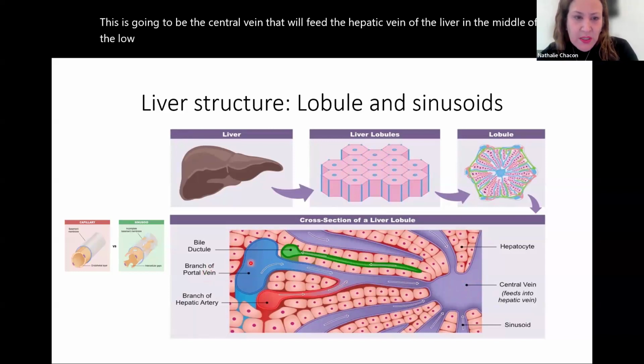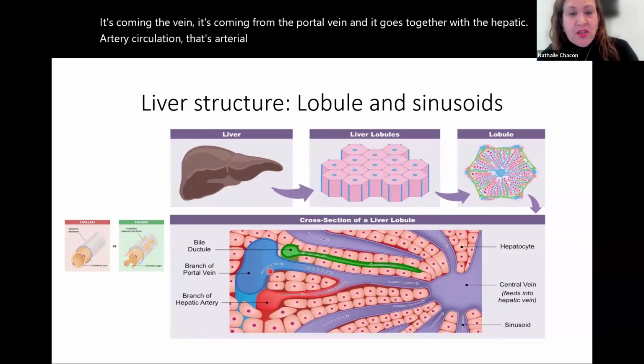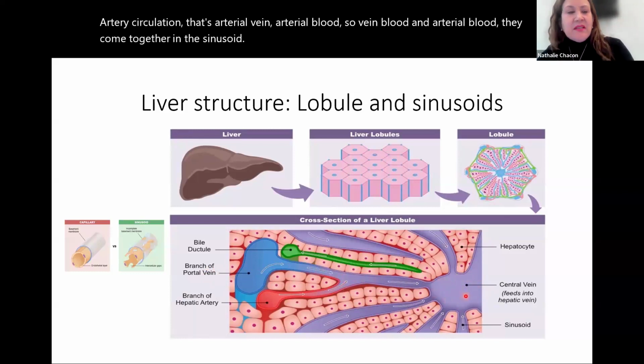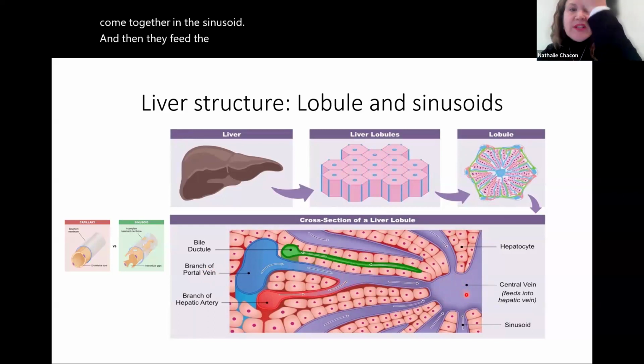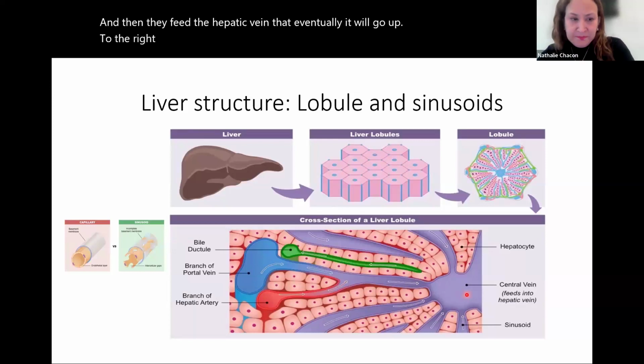And this one, the vein, is coming from the portal vein, and it goes together with the hepatic artery circulation, that's arterial blood. So vein blood and arterial blood come together in the sinusoid, and then they feed the hepatic vein that eventually will go up to the right heart through the inferior vena cava.